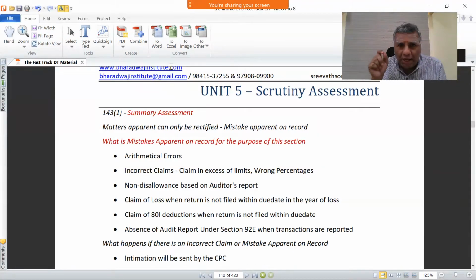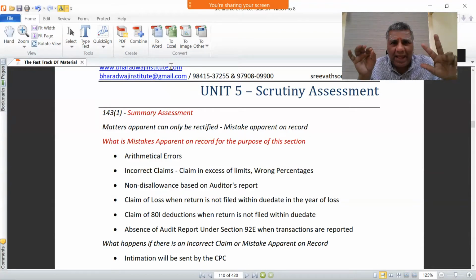Provisions of scrutiny assessment are there in section 143. Not only scrutiny, from the beginning to the end, it is there in section 143. Section 143 has three provisions, my dear friends. First, we call it colloquially prima facie adjustment.